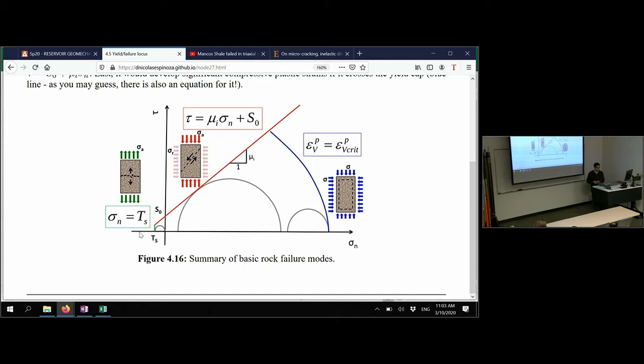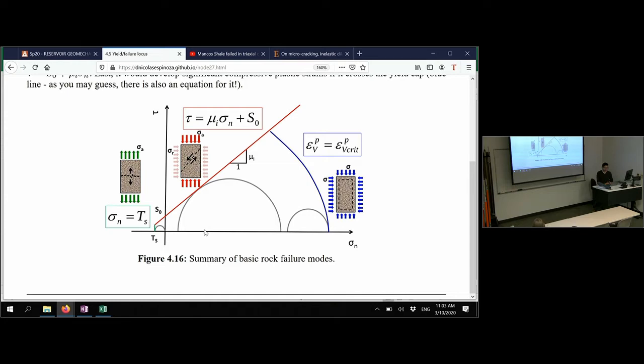And something I forgot to say, and it's very important, is that notice that your Mohr circle may be somewhere in here. That would be your initial condition, and your Mohr circle is going to be bound by those lines. It means that you cannot go too much to the left because you go into tensile failure. That's what happens, for example, when you have hydraulic fracture.